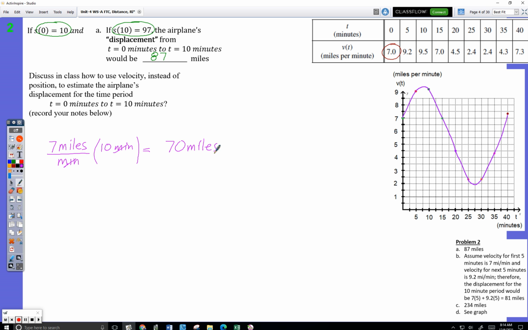That's displacement. In this case, it is also distance traveled, because the plane is only going one direction. But displacement and distance traveled can be different. Questions?